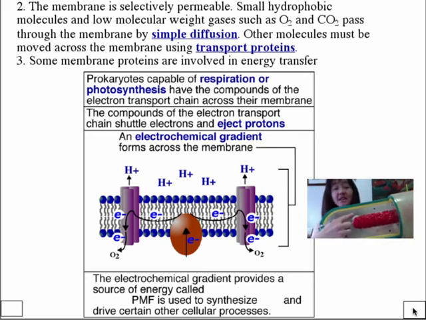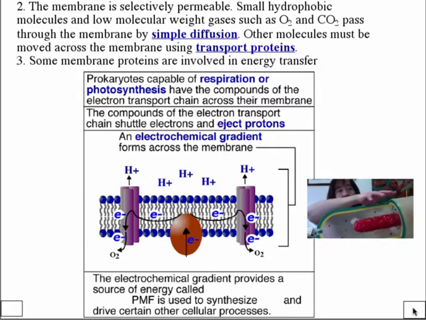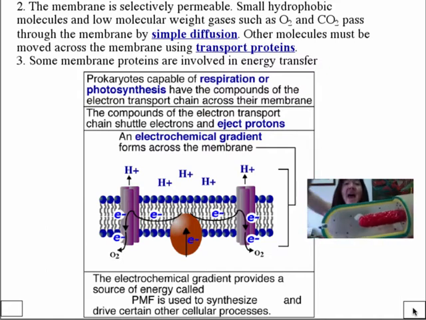As the electrons pass through those integral membrane proteins, the energy released from that pumps protons. So out here, outside of the cell, we begin to see the establishment of a gradient. This is like a pent-up battery-like power.